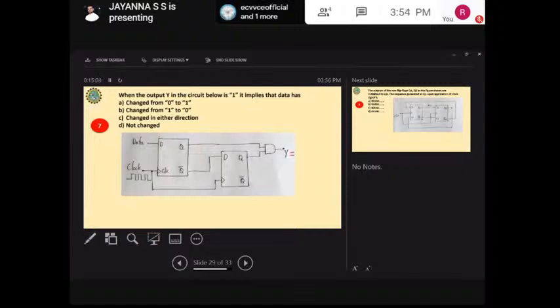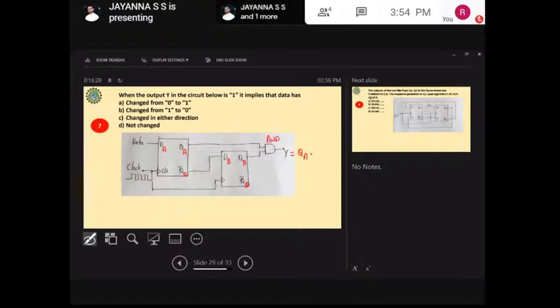First, I'm going to write the output Y. Before that, they have given this expression. I am going to call this data DA, QA, QA bar, DB, QB, QB bar, and this will be the clock. What is the output here? The output is QA ANDed with QB, this one is the AND gate.